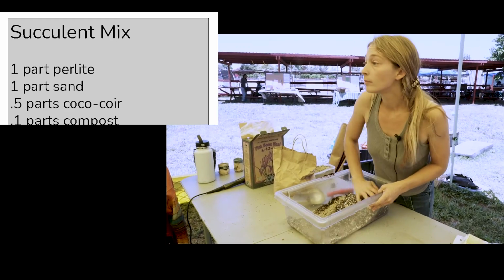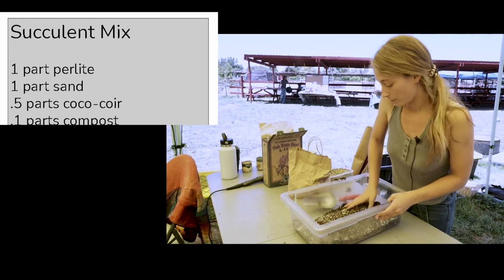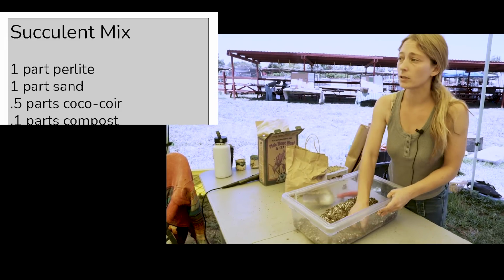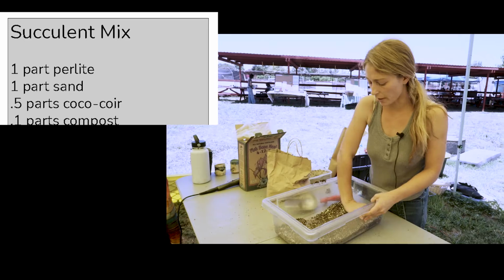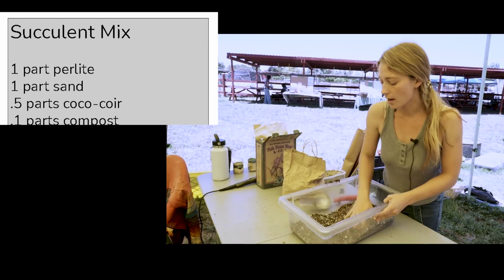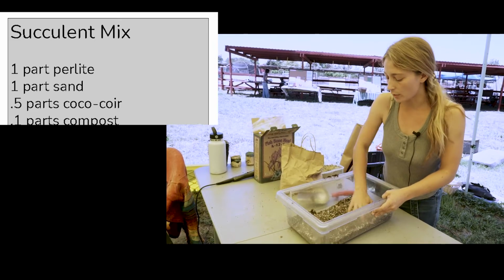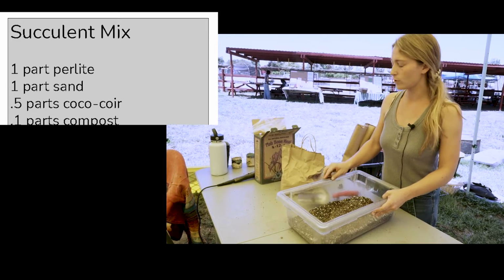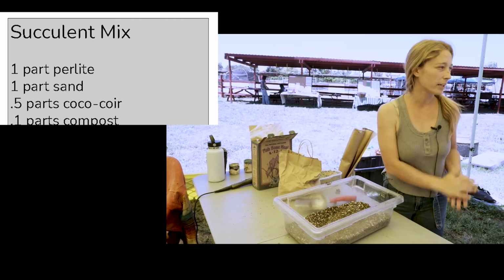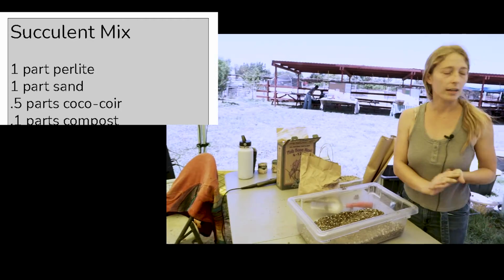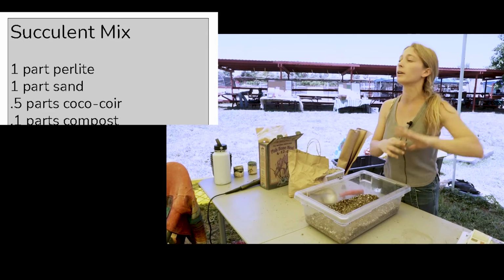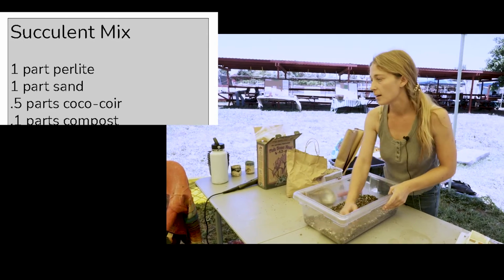Perlite versus vermiculite. How do you know when to use perlite versus vermiculite? They have very similar qualities. So a lot of people just have a preference in terms of what they want to use and what's available to them. So it's more sourcing, I think. Vermiculite might be a little bit more pricey than perlite. Perlite's a bit more readily accessible, but as we know, with things that are cheaper, there's usually a cost elsewhere.